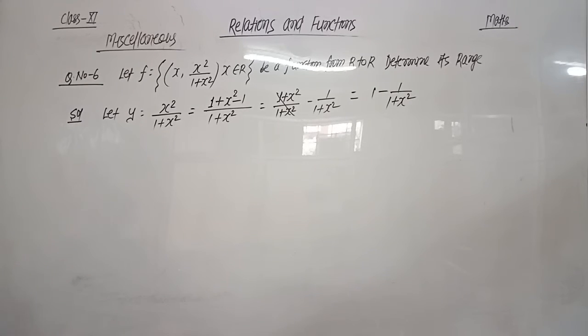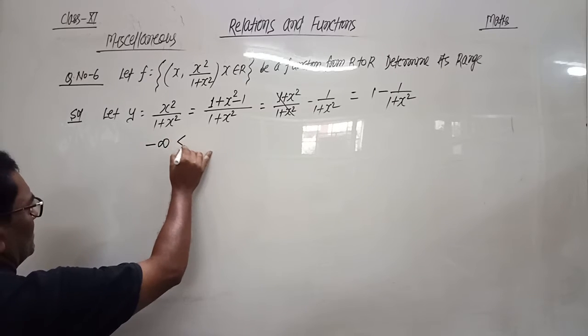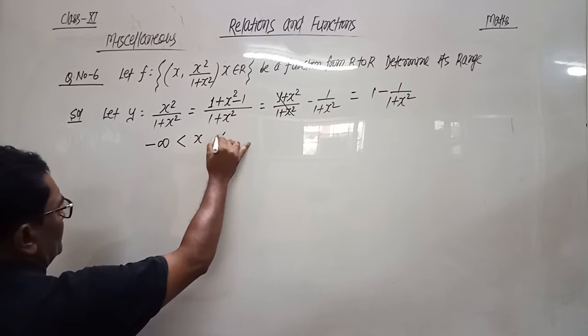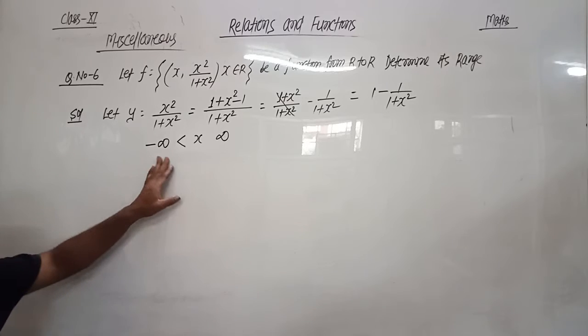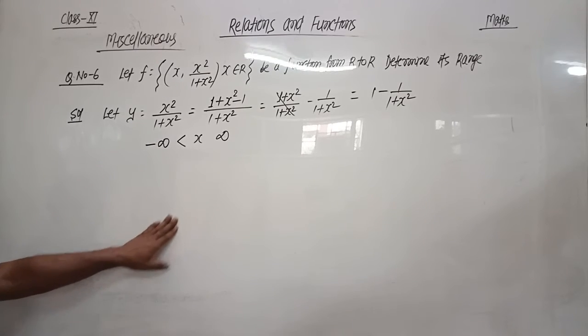Now we are given that the function is defined from real number to real number. It means the value of x lies between minus infinity and plus infinity. Real numbers are represented from minus infinity to plus infinity.